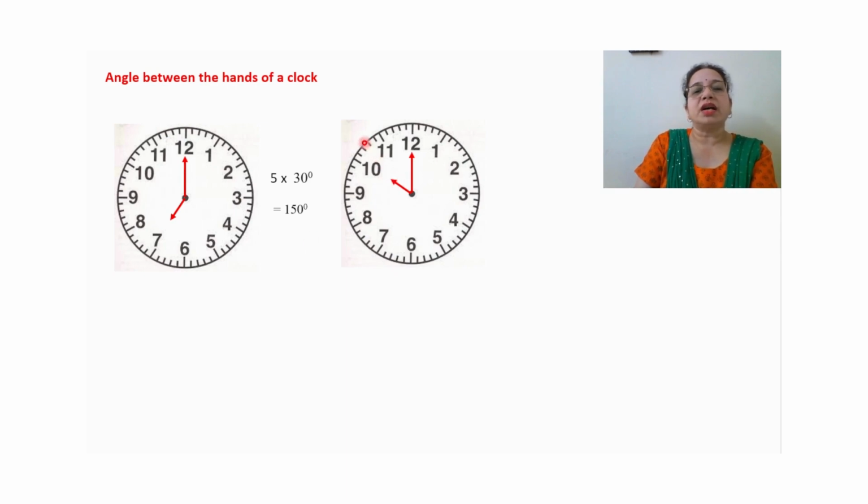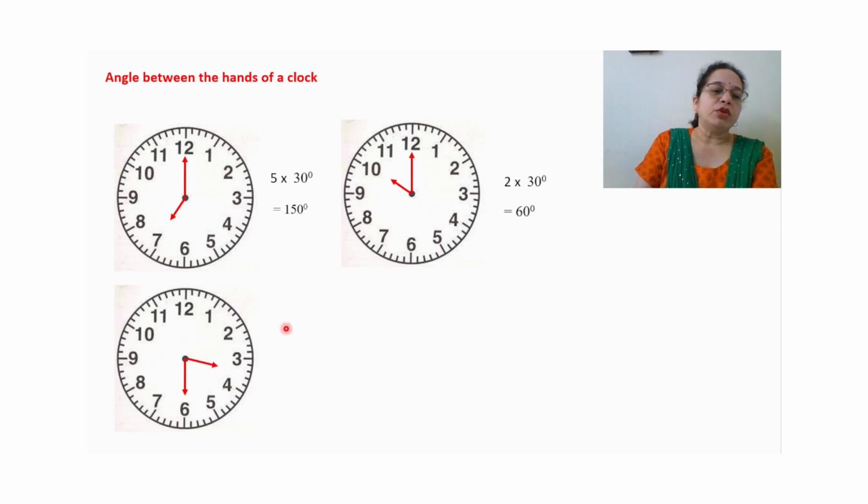How many parts are there? 1 and 2. And 2 into 30 will give you 60 degree. Now take one more figure. Here you can see that this arm is in the middle of 3 and 4. So the complete parts will be 1 and 2 and this is just half. Half of 30 will give you 15. So the measurement will be 15 plus 2 complete parts into 30. So 15 plus 60 will give you 75 degrees.